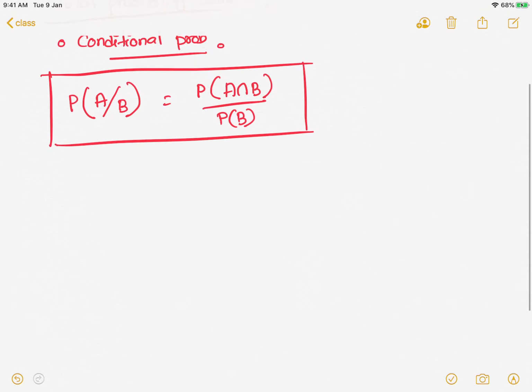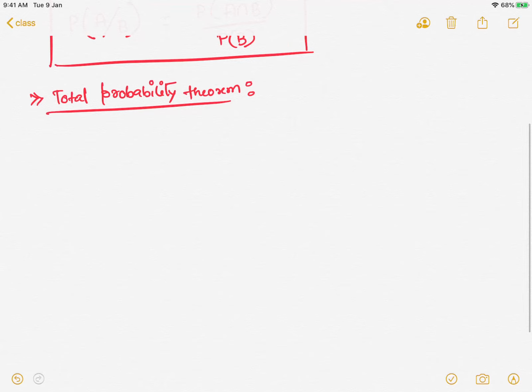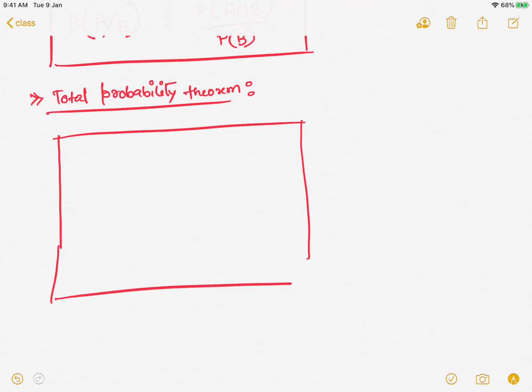So now here comes the total probability theorem. Let's say this is the sample space.